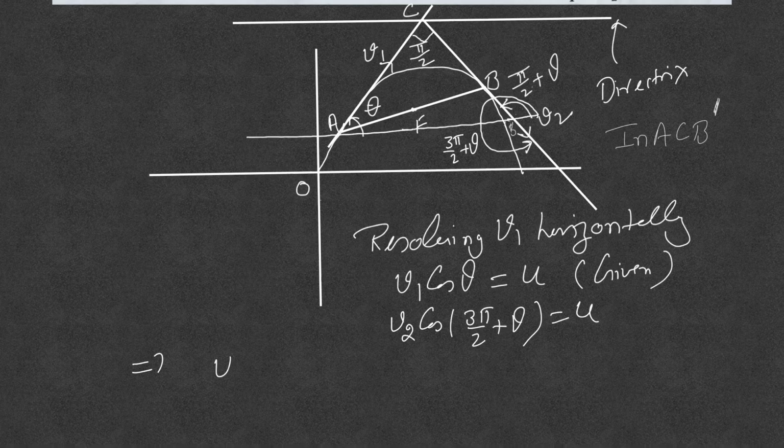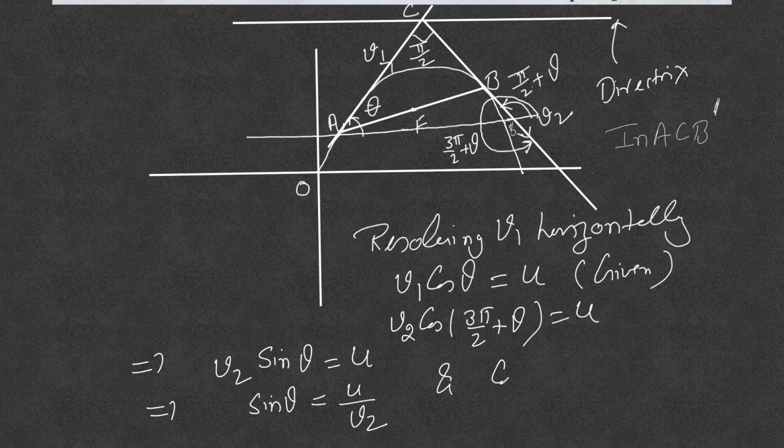This implies that v2, and cos in the fourth quadrant is positive, and sine 270 degrees, it will be v2 sine theta is equal to u. This implies that sine theta is equal to u by v2, and cos theta is equal to u by v1.